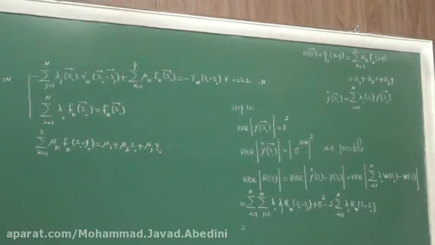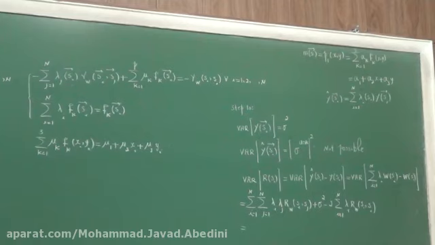Summation of lambda i times this, and then when it comes to this part, please look at your notes to see if this 0 is 1, i or 0.